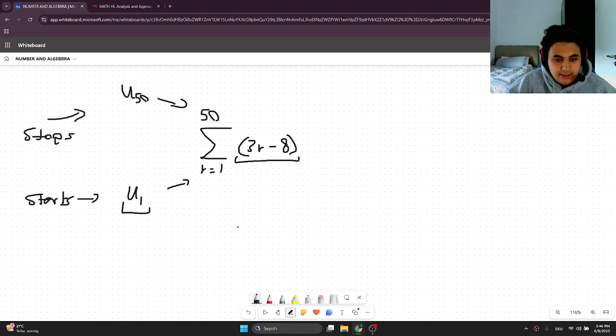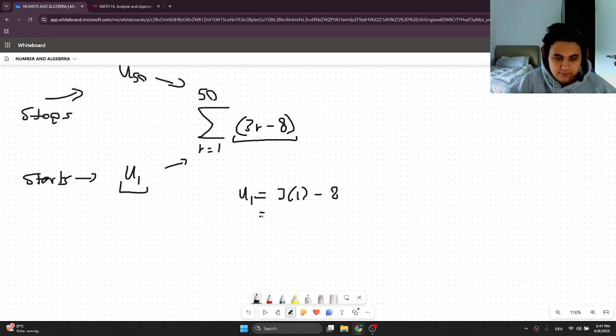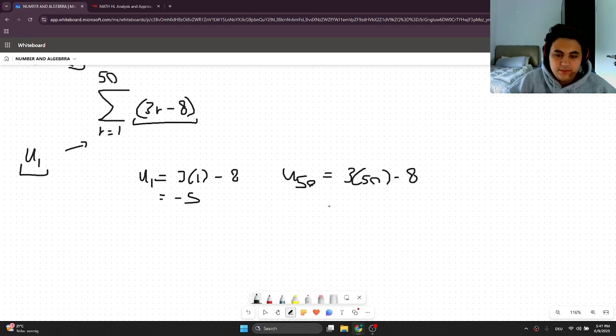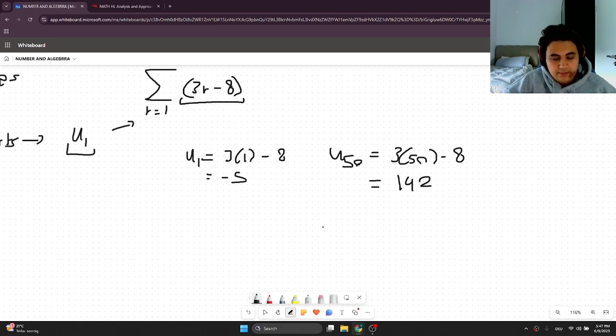So in this case, u1 is equal to 3 times 1 minus 8. So 3 minus 8 is going to be negative 5. So that's u1. And then for u50, we have 3 times 50 minus 8. 3 times 50 is 150, and 150 minus 8 is 142. So now we can build our equation.